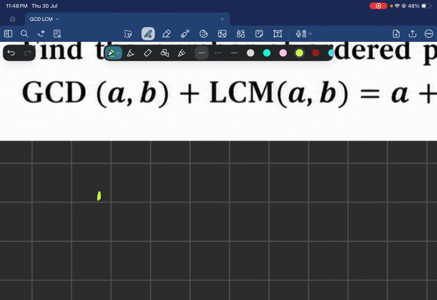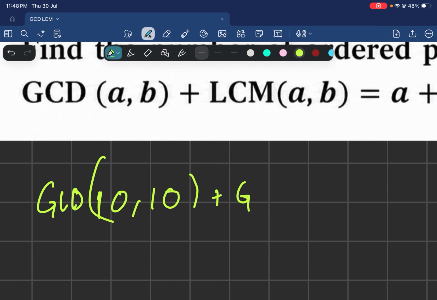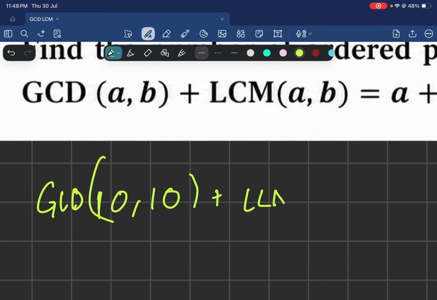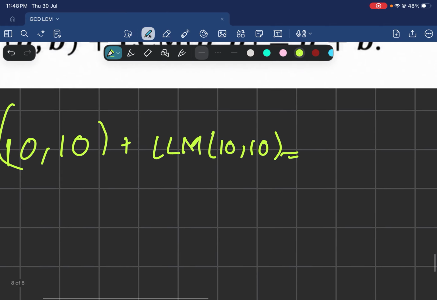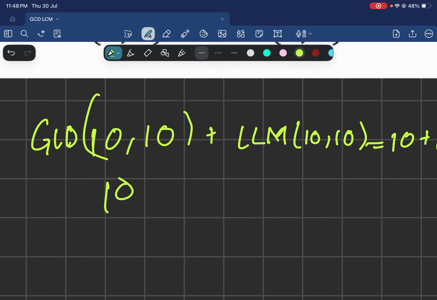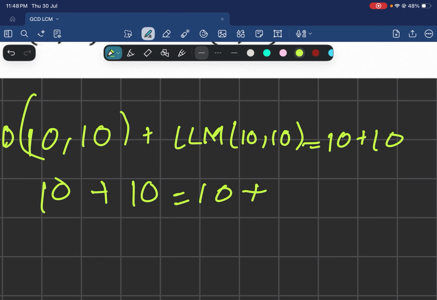Let's just say I plug in A is equal to 10 and B is equal to 10: GCD of 10, 10 plus LCM of 10, 10, and then you have A plus B, 10 plus 10. We know GCD of 10 and 10 is obviously 10, LCM of 10 and 10 is obviously 10, and 10 plus 10. So this works out.